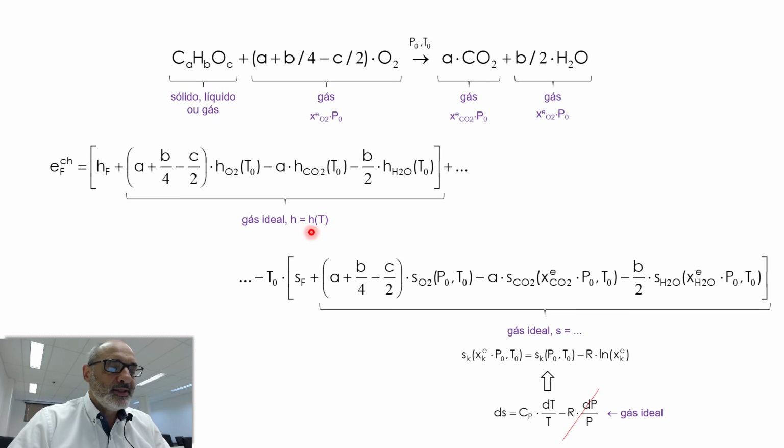If it's an ideal gas, this means that the enthalpy depends only on temperature. So where I see an enthalpy, I can write it in terms of the corresponding temperature. This is the expression we obtained in the last slide. The difference is that where I can consider an ideal gas, I'm making explicit that the enthalpy depends only on temperature.